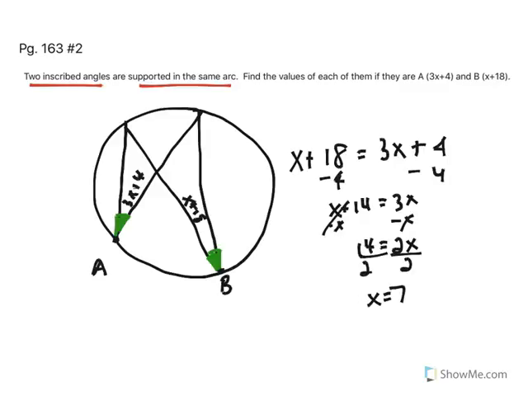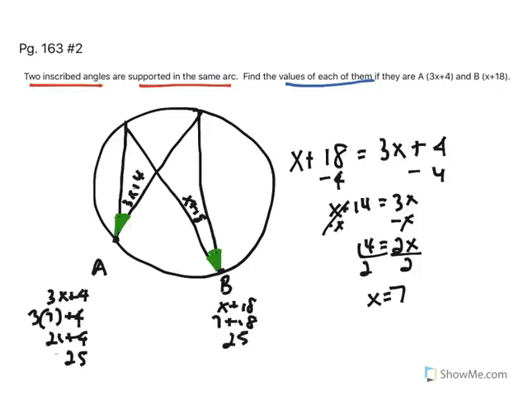Are we finished? No, because it says find the values of each of them, okay? So to find the value of A, we know that A is 3x plus 4. You know that x is 7, so 3 times 7 plus 4. You get 21 plus 4, you get 25. Angle B is x plus 18. X is 7, plus 18 is 25. And they are both equal in measure, as we knew earlier.